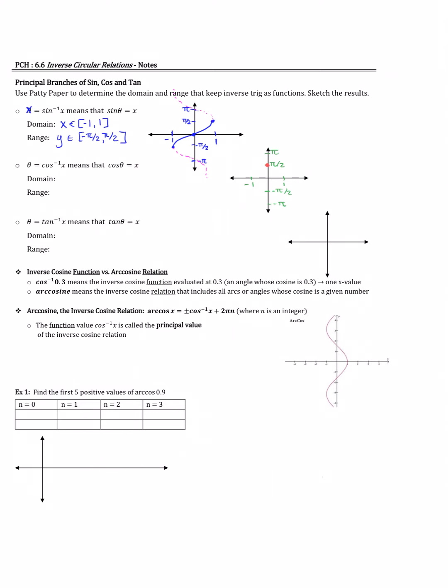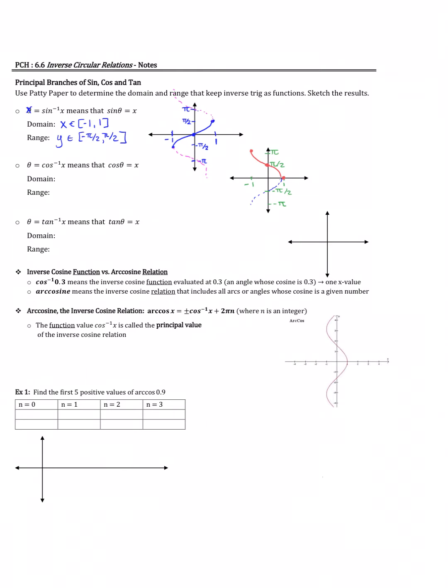At 0, cosine is 1, because remember it starts high. And then at pi, cosine is -1. So the principal branch would look like this, but the reality is that that graph would keep going, but then it's not a function because it starts to go over on itself.